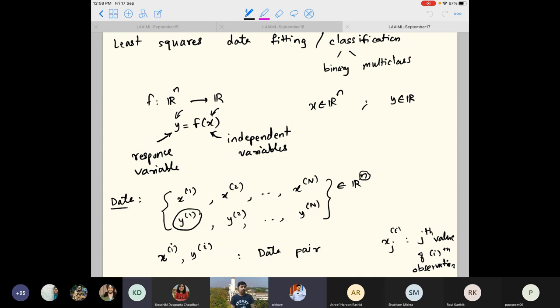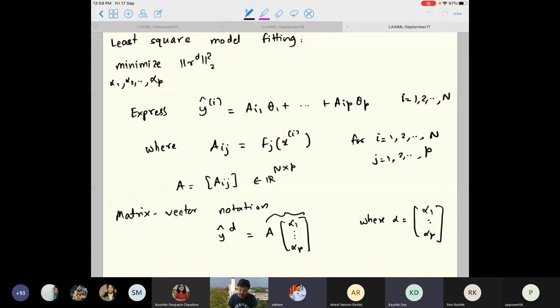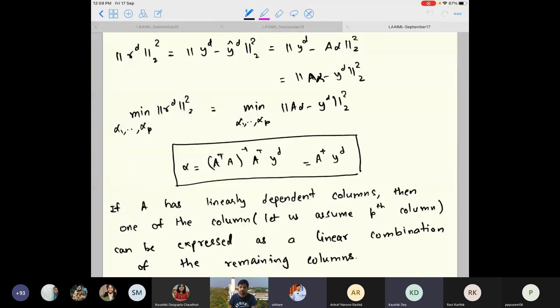Sir, one question. Please go on. A kind of basic question, sir. The columns of matrix A are linearly independent, and as you said, the features should not be a linear combination of other features. Correct. But how do we find that in practical life?